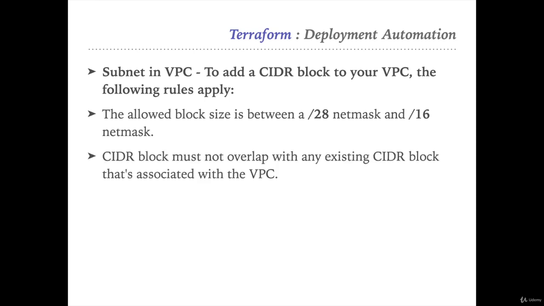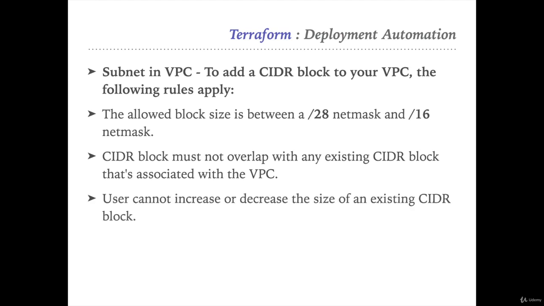A CIDR block must not overlap with any existing CIDR block associated with the VPC. So suppose earlier you defined a CIDR block like 10.0.0.24. Later you cannot define 10.0.0.16, right? That overlapping is not possible. So we always need to avoid overlapping inside the IP ranges whenever we define a new IP range inside the existing VPC.